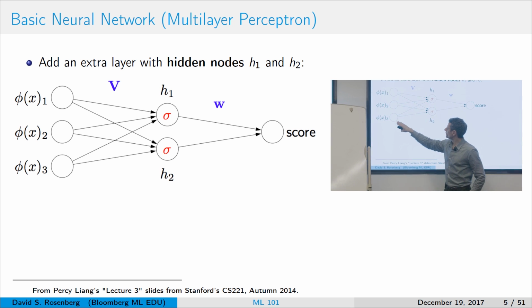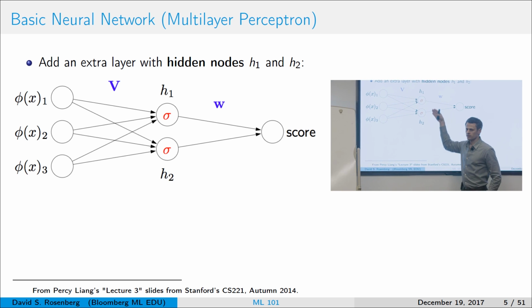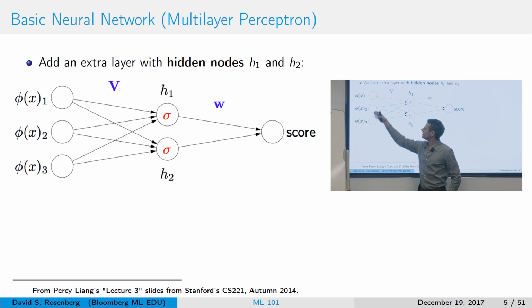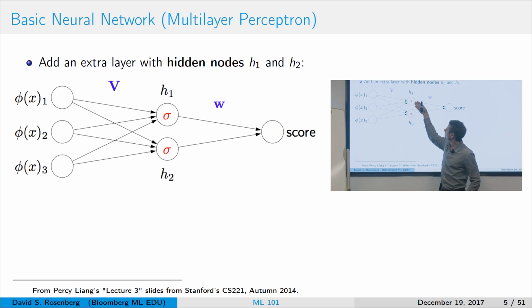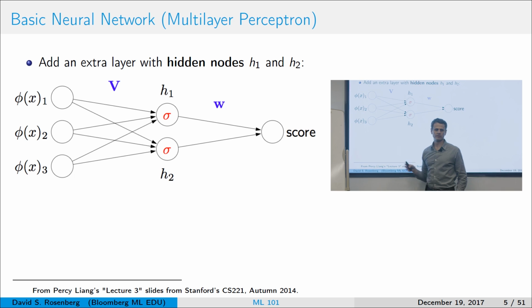All right. A neural network adds an extra layer, the basic neural network. We start with the feature vector. And then we have 2 what we call hidden nodes. Each hidden node takes a linear combination of the features and then runs it through this function sigma and produces an output. And we have 2 different versions of that. And they differ in the linear combination that they take of the input features.